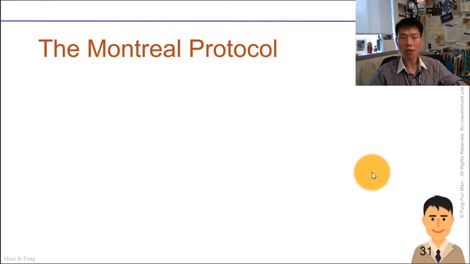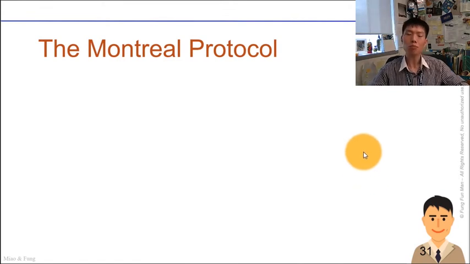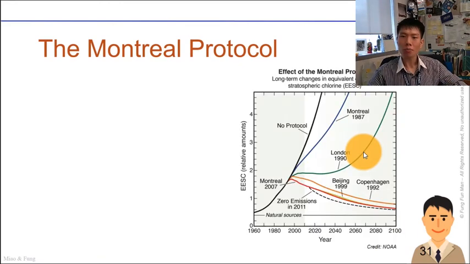Now let's move on to the Montreal Protocol that we have heard so much about. This Montreal Protocol is about substances that deplete the ozone layer. It is an international treaty designed to protect the sacrosanct ozone that protects human lives.